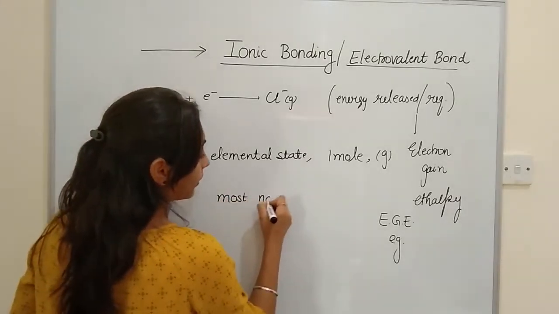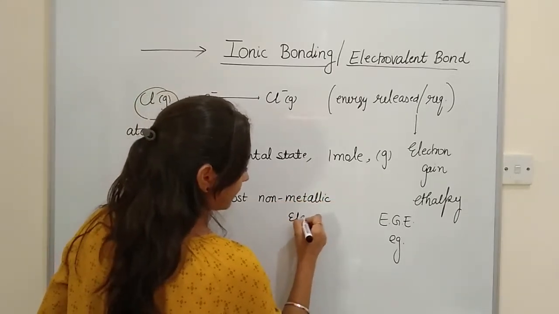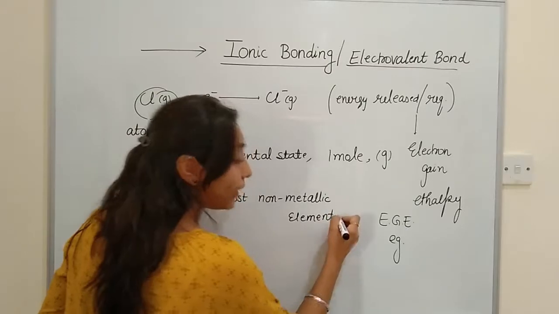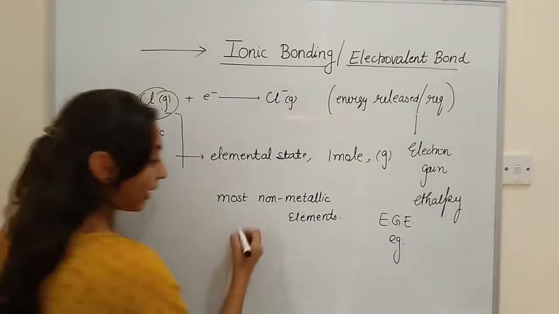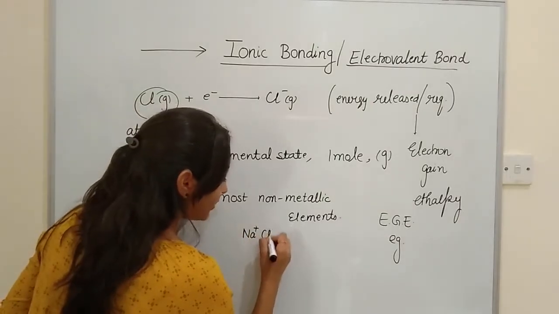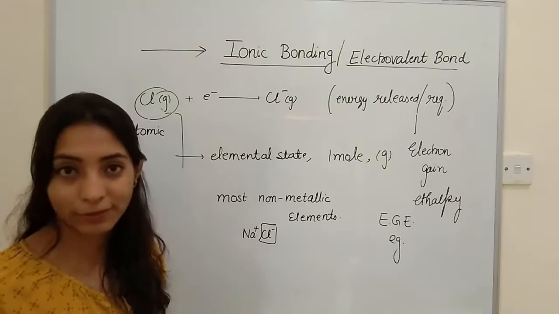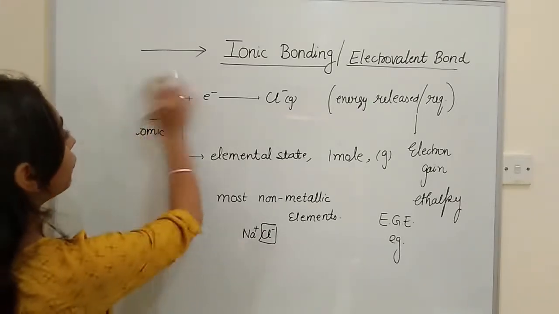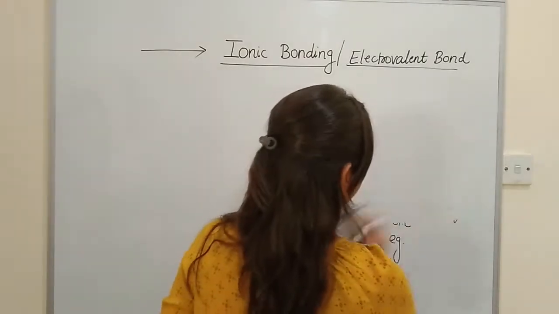The most non-metallic elements. Because we know non-metals are the ones which have tendency to gain electrons. Done? So that is why we see Na plus Cl minus. Cl minus is generally there in all the ionic compounds. Done? Let us move further with Na plus and Cl minus gaseous.